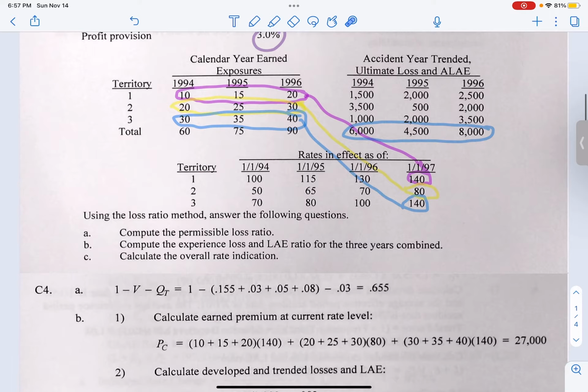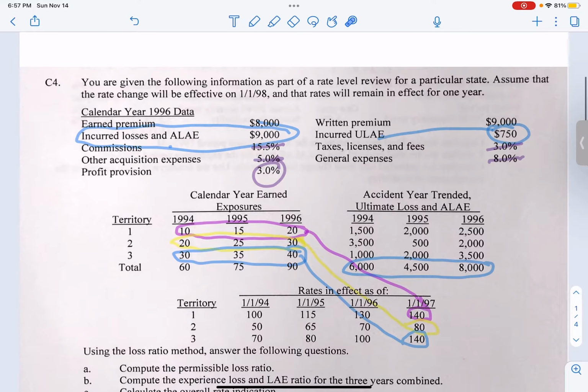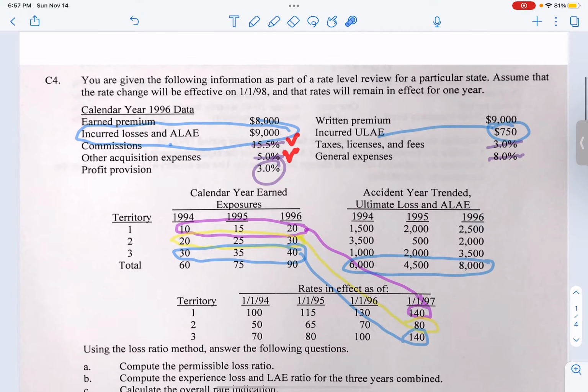We do have commission, which is variable expense, other acquisition expense, which is also variable, and we have profit, which is part of the permissible loss ratio formula. So we just keep it there, and we have taxes and general expenses. This is not fixed expenses, so we just keep it as part of the permissible loss ratio.